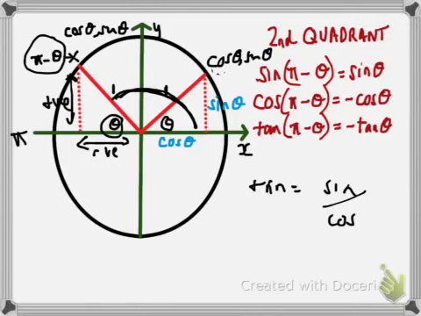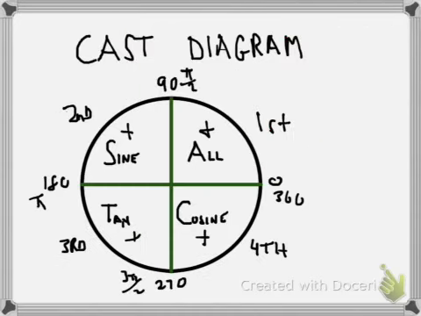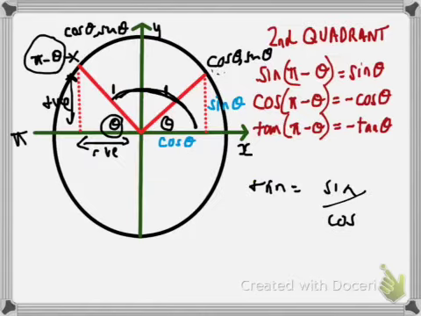So, see the pattern, connect it up with the cast diagram. Which of the three ratios in the second quadrant is positive? Joseph? Sine. See? Positive. The other two are negative.